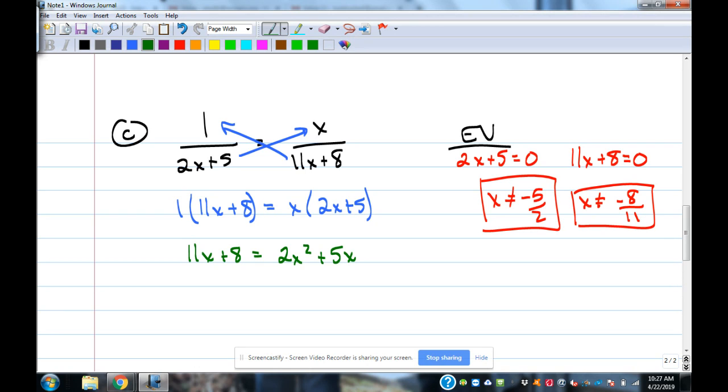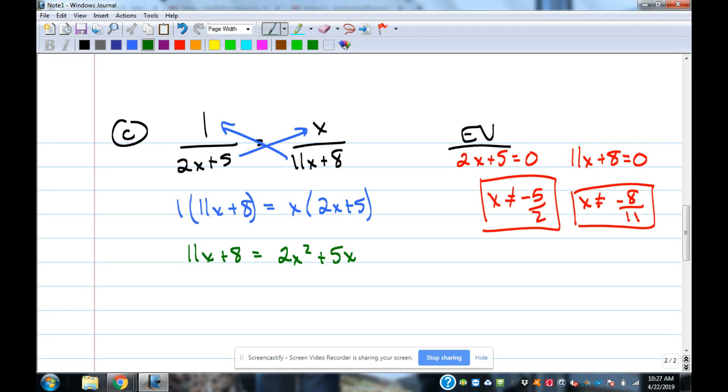Now, this is a little bit more difficult equation to solve than the last one we did because it has an x squared in it. So that should trigger all of the things we know about solving quadratics. If we're going to solve a quadratic, what do we need to do? Get it equal to 0, absolutely, because that opens up the opportunities to either do factoring or quadratic formula.